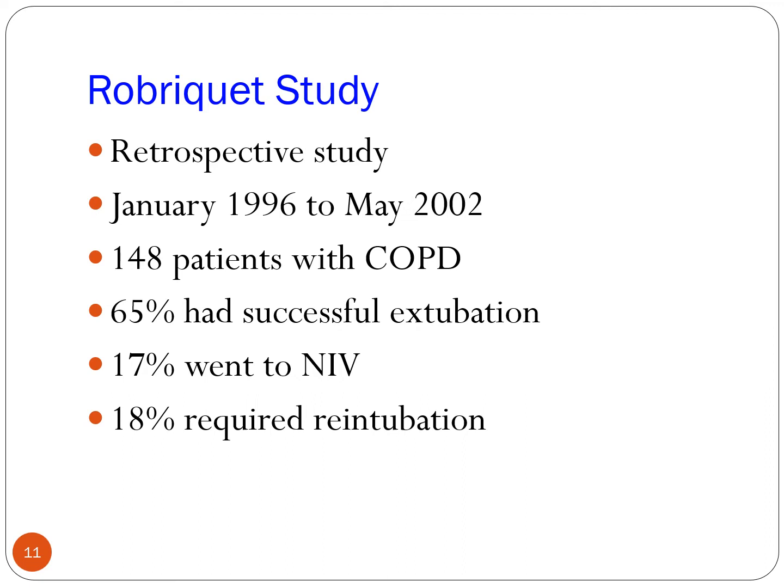Of those 148 patients, 65% had successful extubations, 17% went on to non-invasive ventilation, and then the key point here, because we're talking about predictors of extubation failure, 18% of these people actually required reintubation. So what can we do to decrease those numbers?